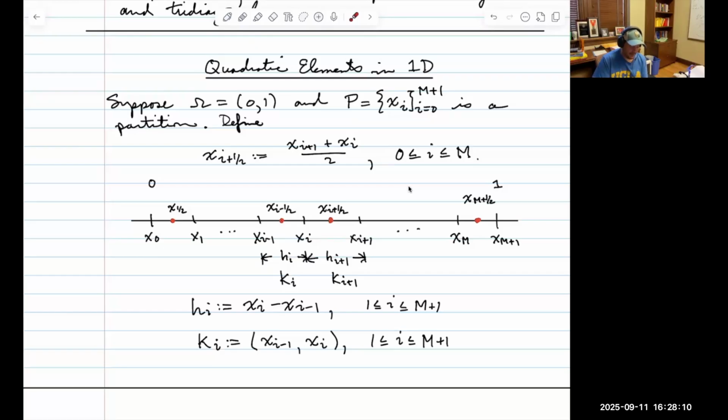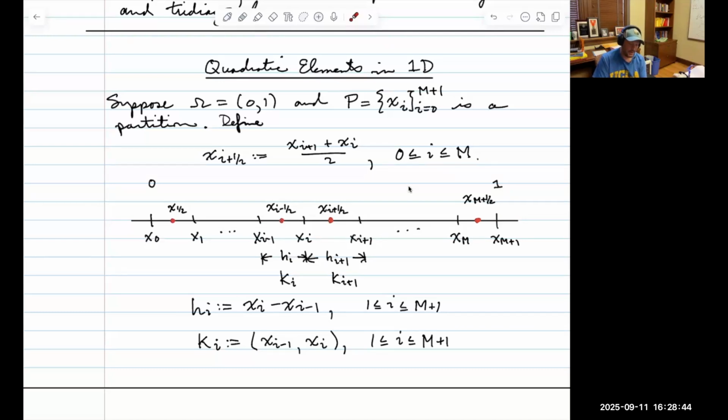It means x0, the beginning point in the partition, has to equal 0, the left hand endpoint, and x_{m+1}, the value in the partition with the largest index, has to equal 1. And then, of course, the partition has the rule that x1 is greater than x0 and x2 is greater than x1. And in general, xi is greater than x_{i-1}, etc.